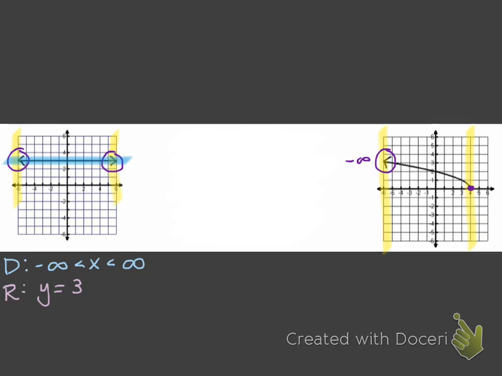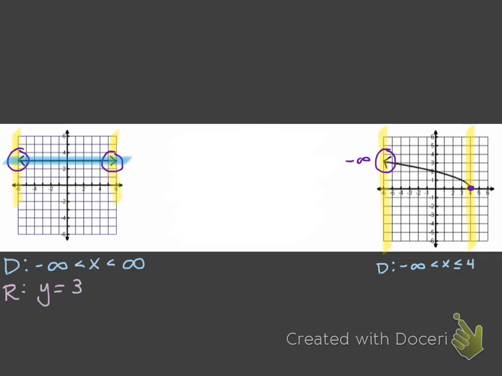So in this case, our domain is going to start at negative infinity, which is less than x, and it's going to end at positive 4. And since we have a closed circle, we're going to write less than or equal to positive 4. So our domain starts at negative infinity and goes all the way to positive 4.